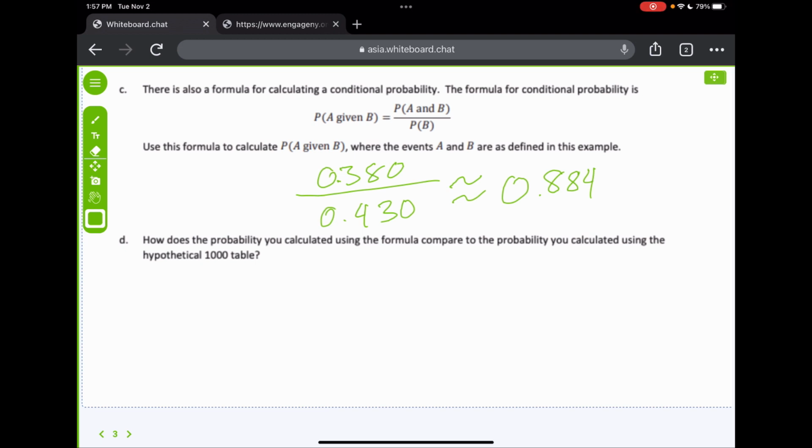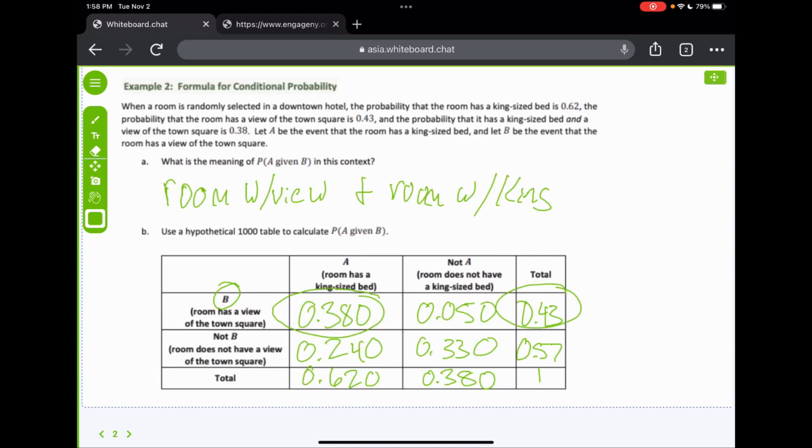Now, how does the probability you calculate using the formula compare to the probability you calculated using the 1000 table? Well, if we go back and look at the table, okay, how would we come up with the 0.884 by looking at this table?